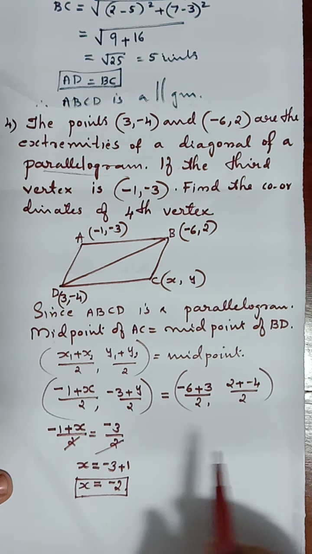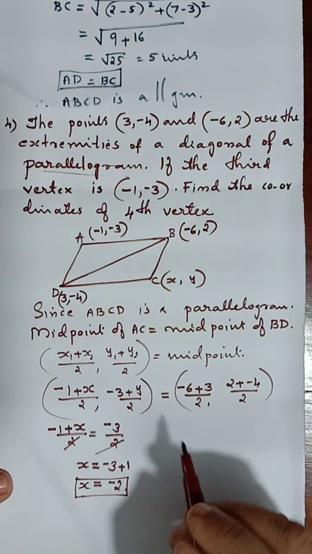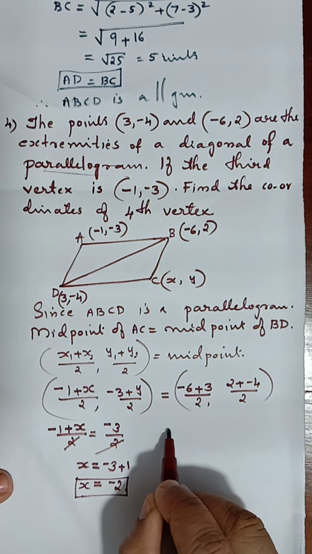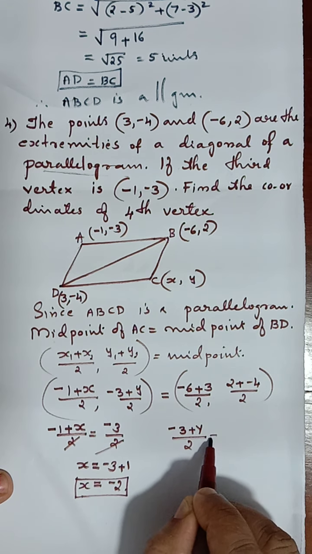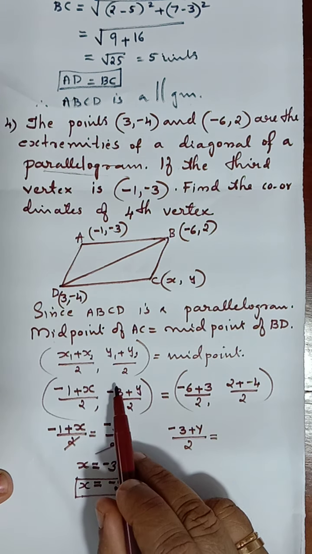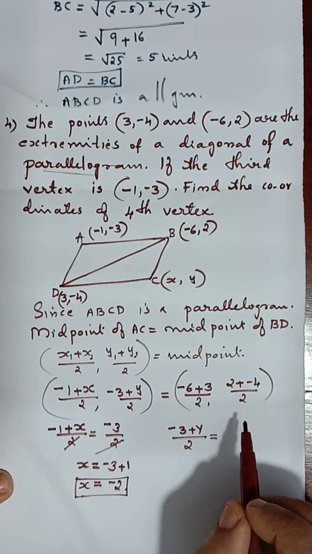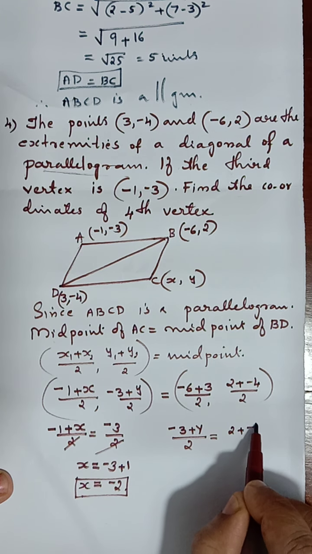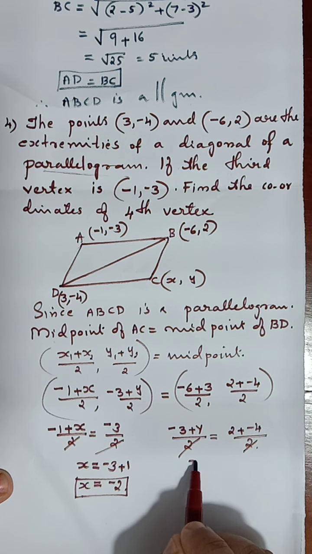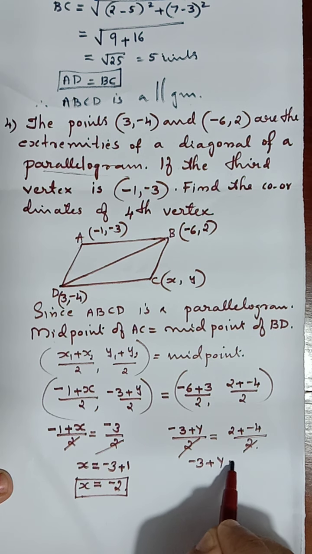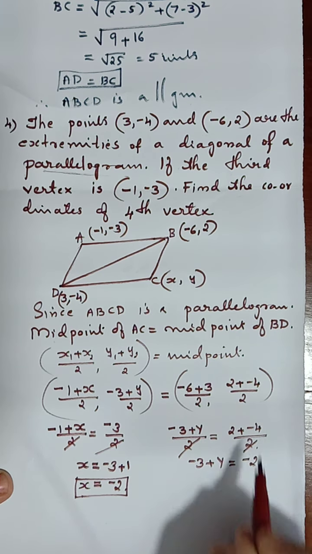Okay, now comes the right hand side. So -3 plus y coordinate we are comparing. Y coordinate of first one, y coordinate of second one, 2 plus -4 by 2. Okay, -3 plus y is equal to -1.